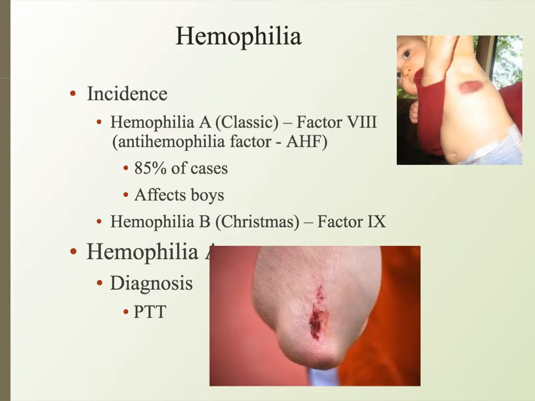Factor 8, or AHF, is produced by the liver and is necessary for the formation of thromboplastin in phase 1 of blood coagulation. Now, they can have bleeding that can occur anywhere, but there are a couple areas where it's more common, such as joint cavities and the muscles.